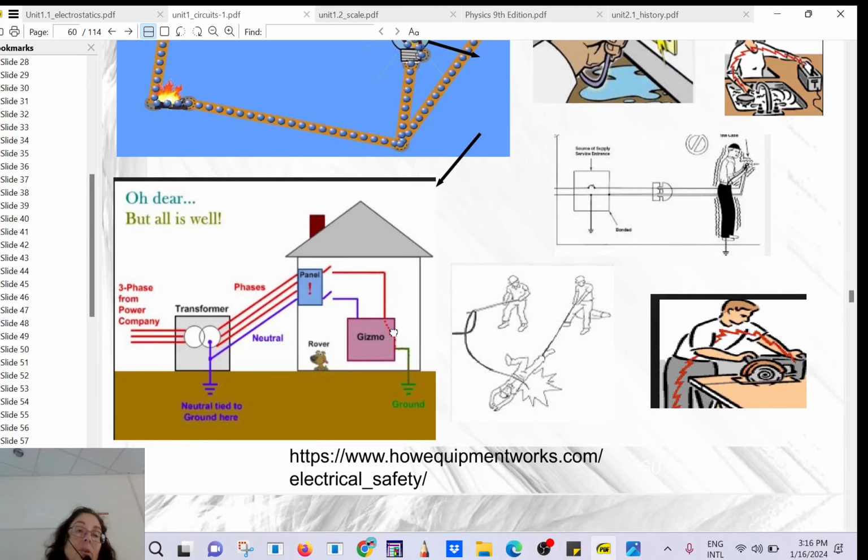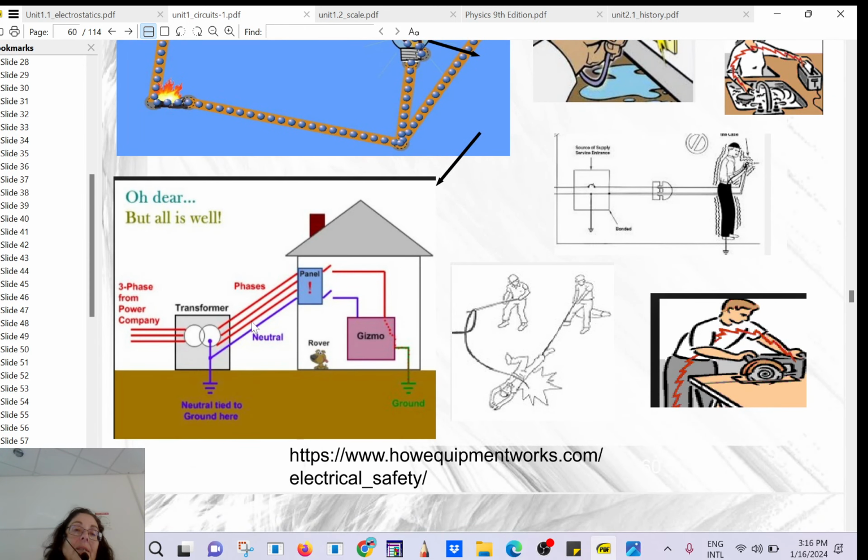So in a house or in a hospital, for example, how does that work? You have a transformer somewhere outside. So it's going to take a high voltage, 1000 volts, for example, and bring it down to 120 volts, available to your house. And to go back to base, it has to go through the ground. So it's very much like I told you in a car, the return path is the chassis of the car.